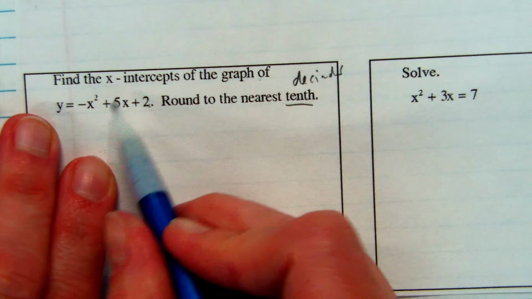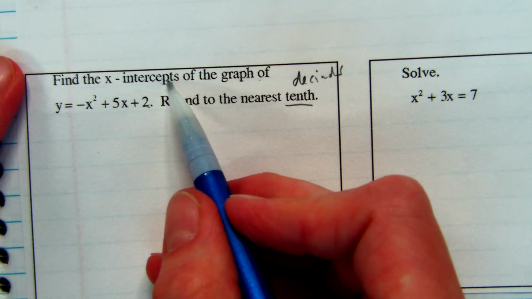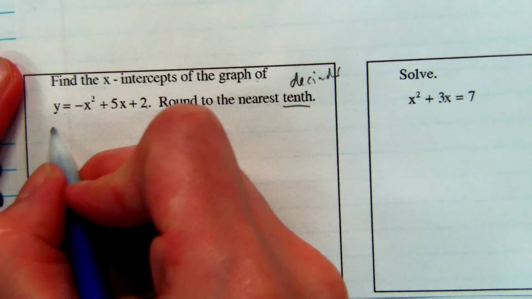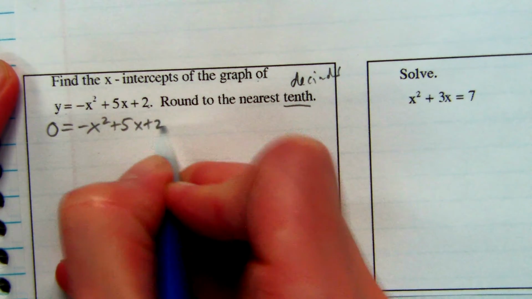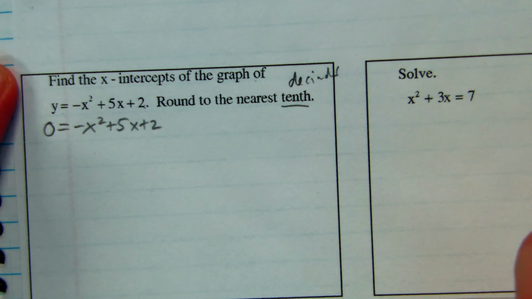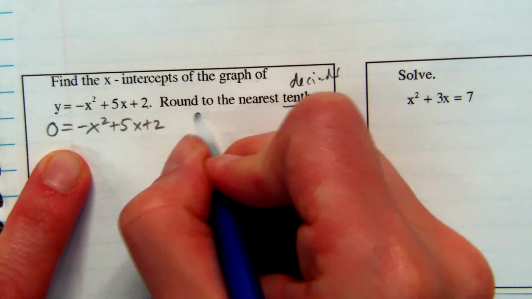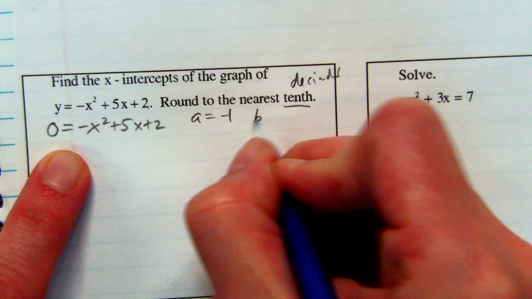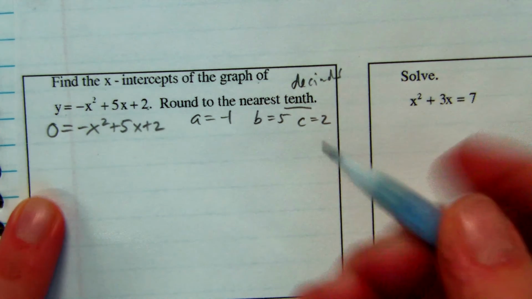But when you want x-intercepts, that's where the y is 0. So you're just going to put 0 in and do exactly the same thing that we've been doing on the others. And so if I just have negative x squared, that'll make a negative 1, b is 5, and c is 2. And we put it all into the formula.